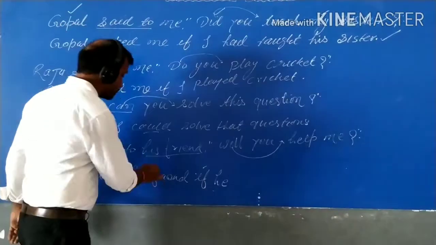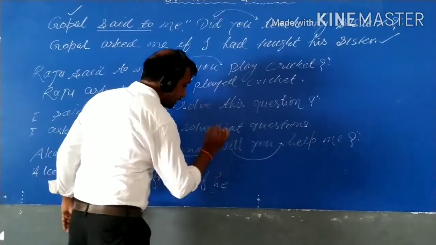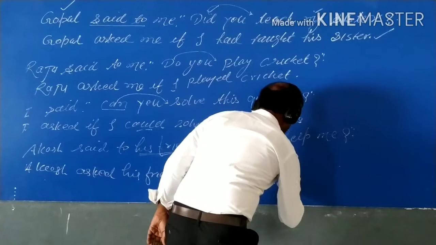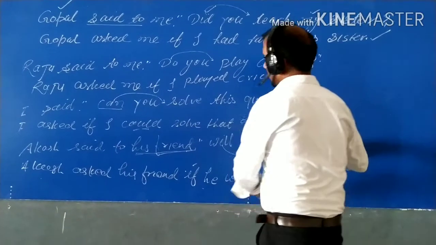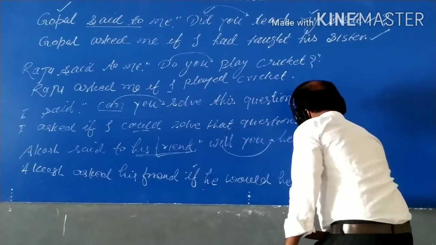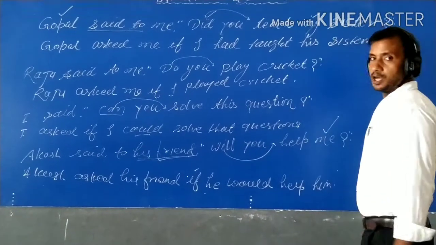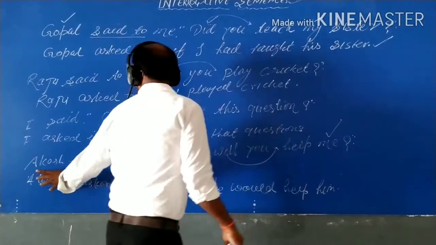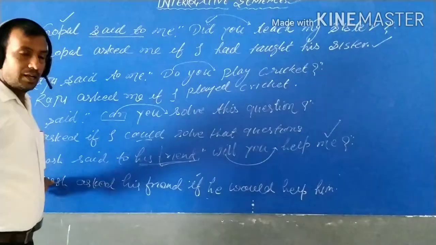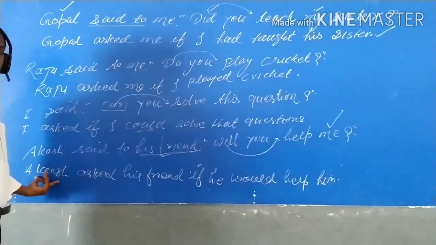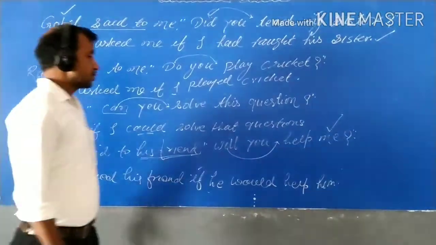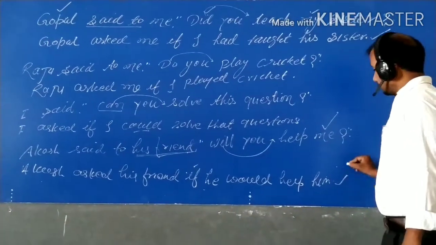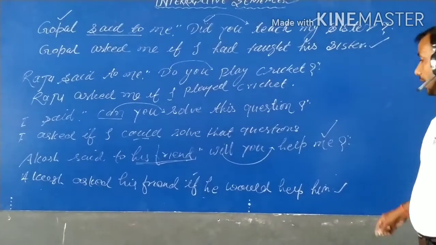So he will is used as would help, that means help me. Me refers to Akash, that means him, because me is the objective case of I, so we will use the objective case of the third person. We can write he in place of Akash. So for this, me will change into him. This is the correct form of indirect speech.